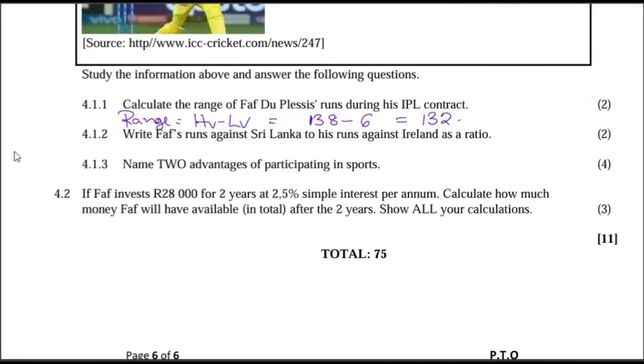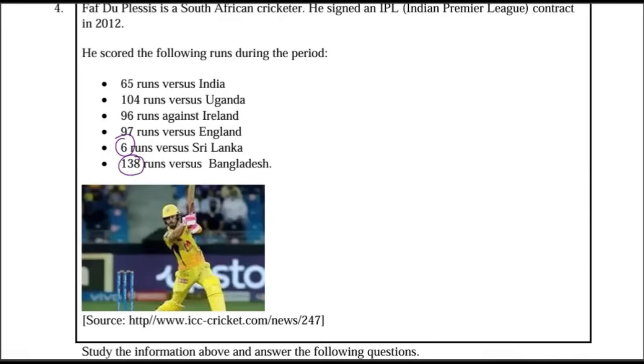Write down the ratio of runs of Sri Lanka to Ireland. So let's go and check very well. We are looking for Sri Lanka to Ireland. For Sri Lanka, you come and sit there, 6. To Ireland, which is 96.